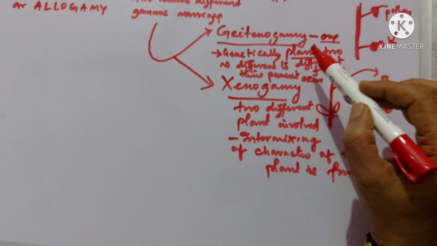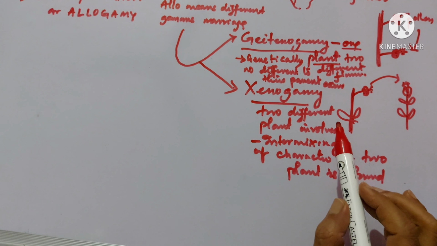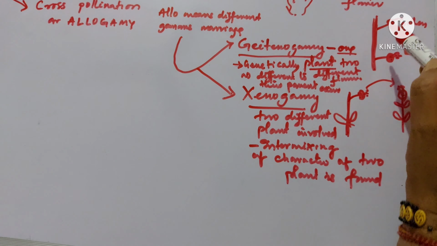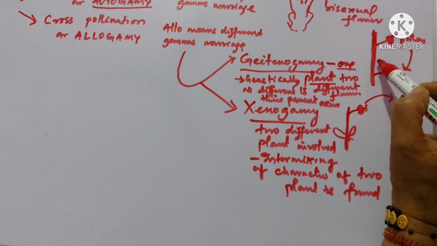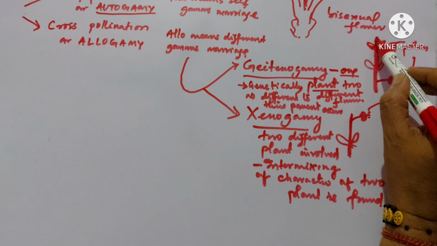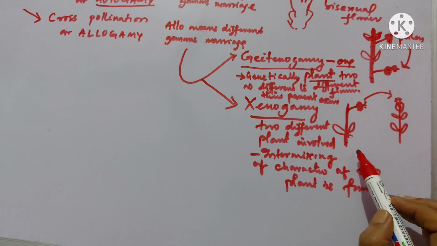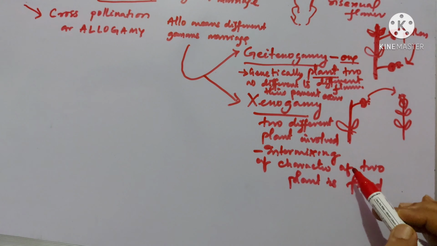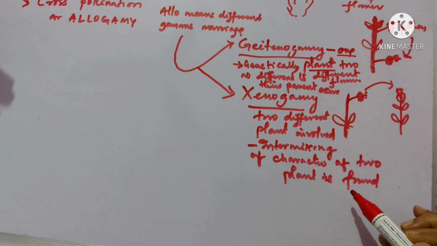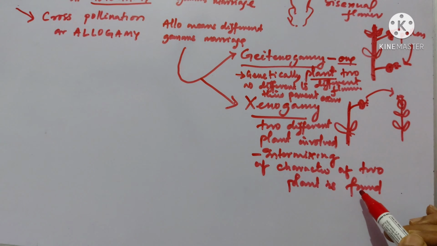Practically, there is genetically no difference in geitonogamy because the common stock or common plant is there, so there is no net change in the character of the offspring. But in xenogamy, because of two separate plants, the characters intermix and new or better characters can be found in the offspring.